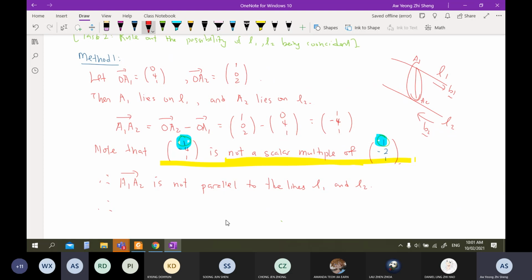Okay, and therefore, they must be separate parallel lines.